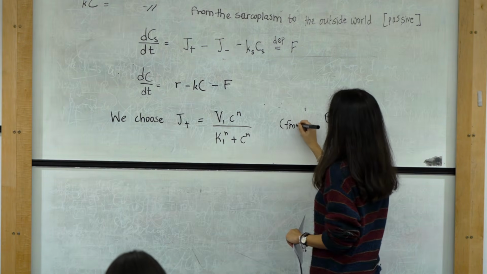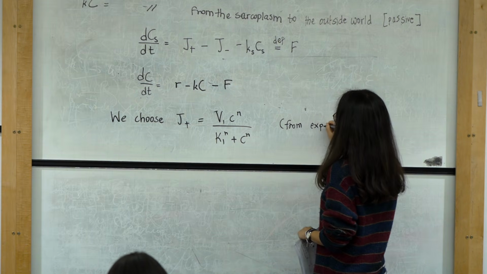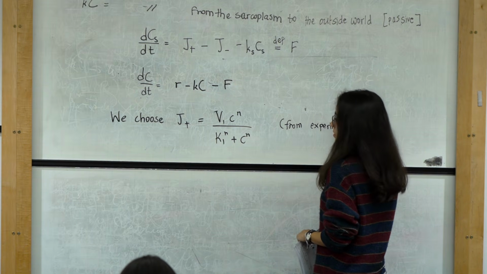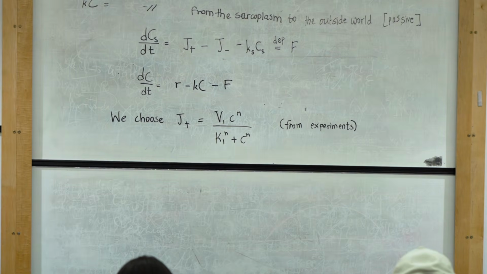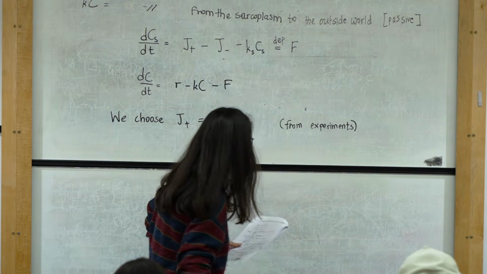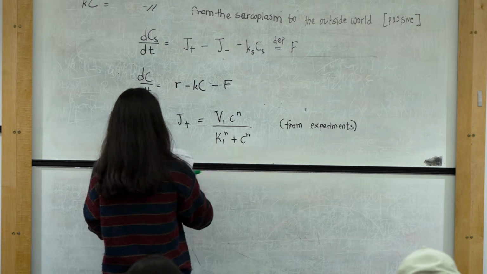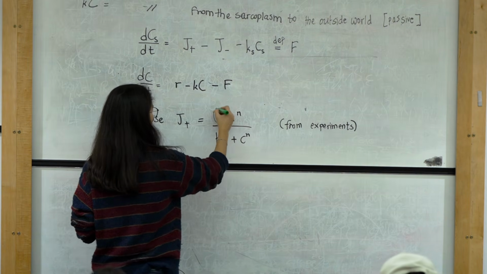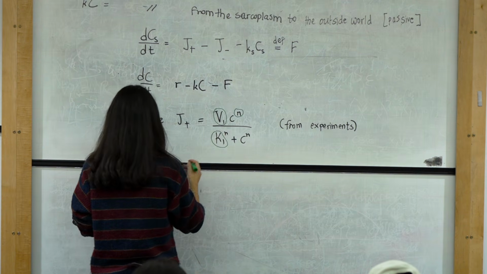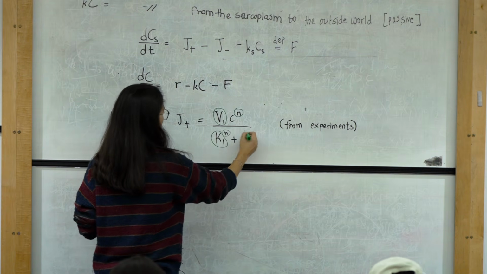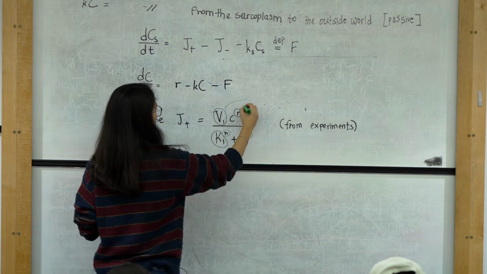Again, you find from experiments what the values should be. But here these numbers are just constants, so V1 and N are all constant. Only the C is the concentration.